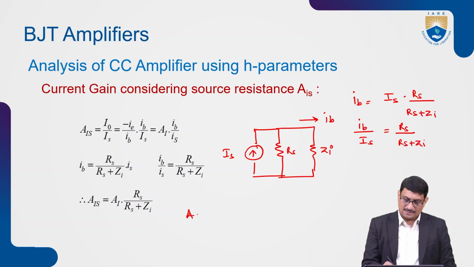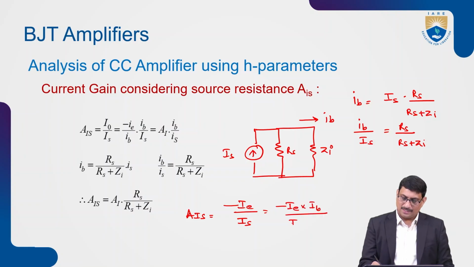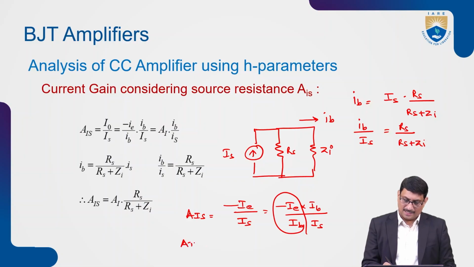Or AIS is given by the output current divided by the input current, which is now IS, and I will multiply and divide with IB. Therefore it is minus IE divided by IB into IB divided by IS, whereas minus IE divided by IB is AI.